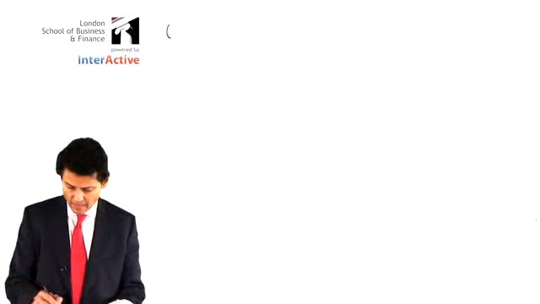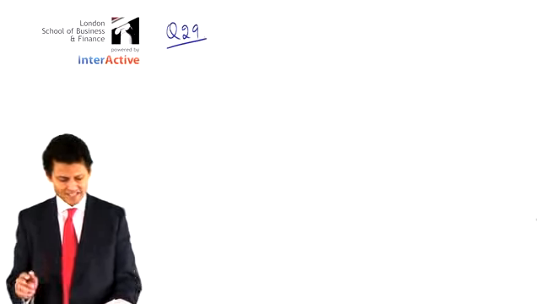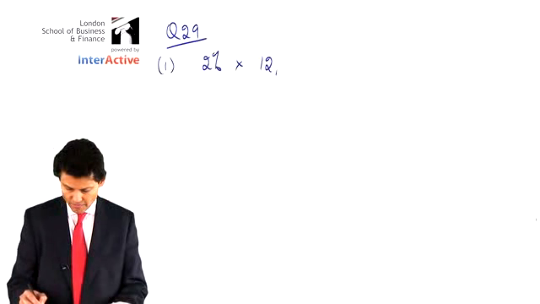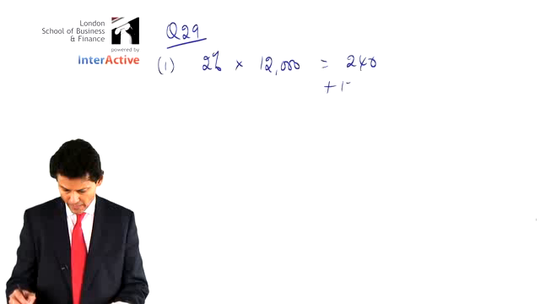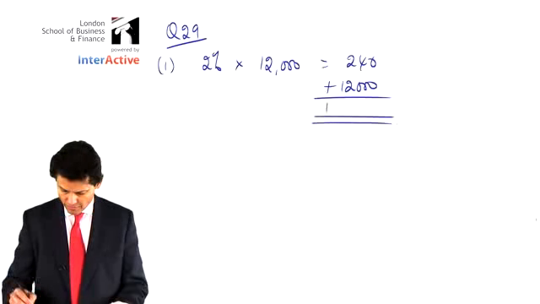Question number 29. I think it looks worse than it is. Point 1 is 2%, 12,000 plus 240 equals 12,240.